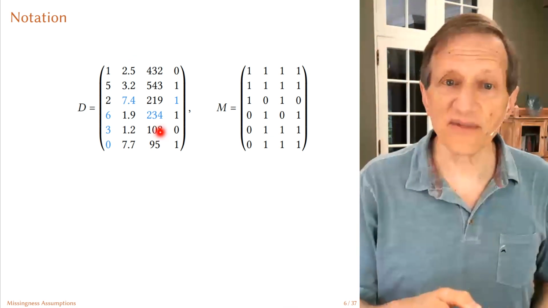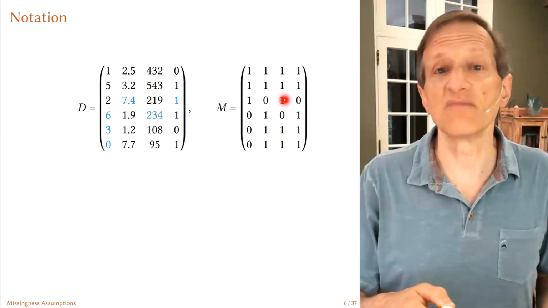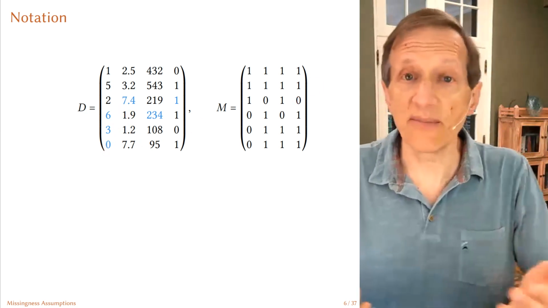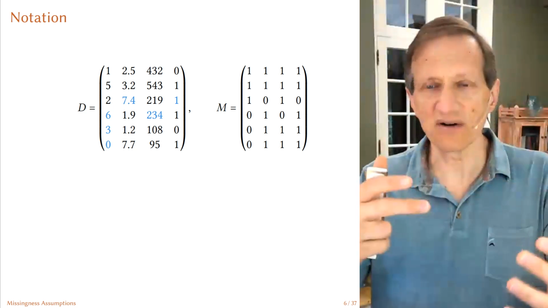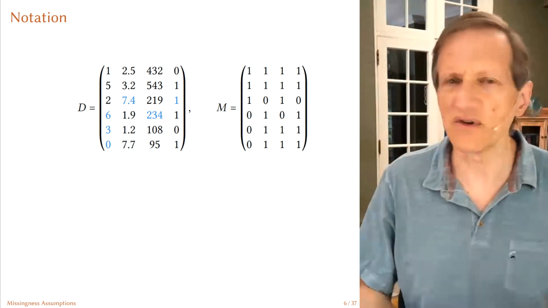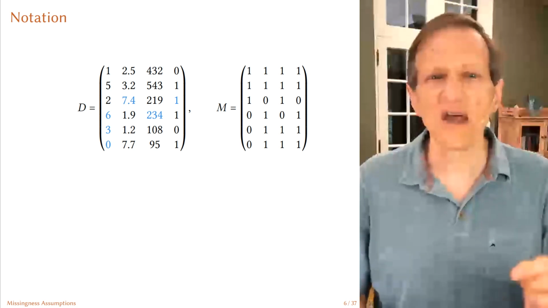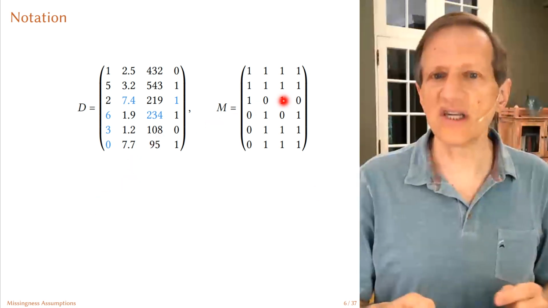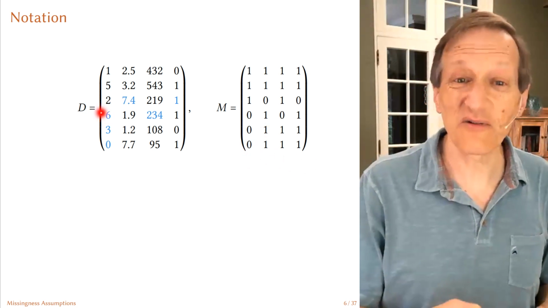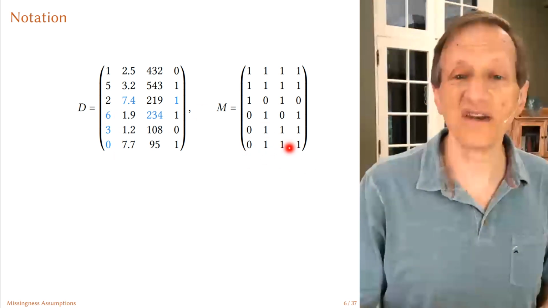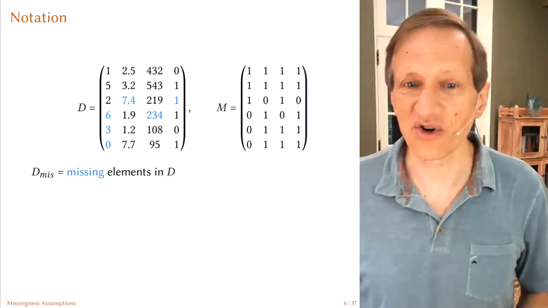But some of them, the blue ones, we don't actually see, for whatever reason, maybe they're values that governments didn't provide, or they're survey respondents that just refused to answer the question, or whatever it is. M is just an indicator matrix for blue, black, right? So it's a 0 if it's missing, and it's a 1 if it's observed.